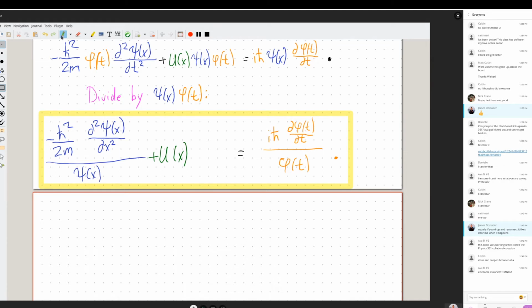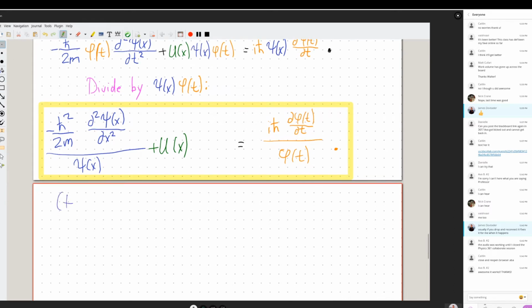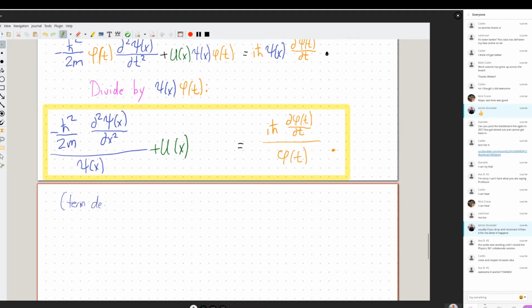So now what we've got is a term describing spatial variation equals a term describing time variation, and I'm going to write this out kind of schematically.